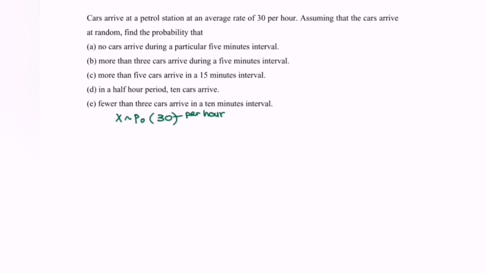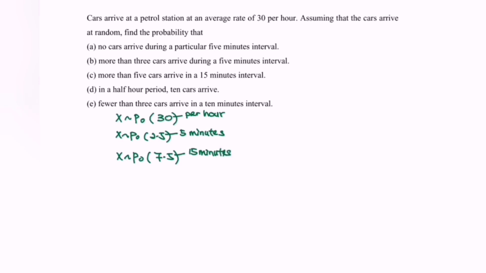Kindly refer to question C. More than 5 cars arrive in a 15-minute interval. Previously, we know that X is Poisson distributed with 2.5 for 5 minutes. Now the question is asking about 15 minutes, so what we have to do is to multiply by 3. So X is Poisson distributed with 7.5, because 2.5 multiplied by 3. The same goes for the title, where we have 15 minutes.